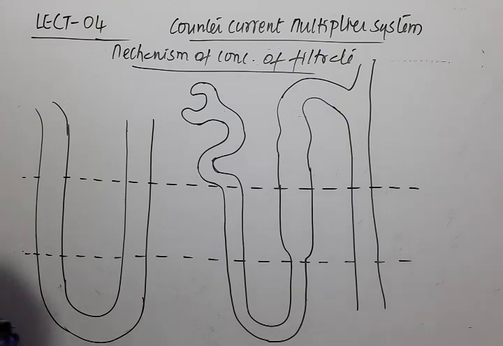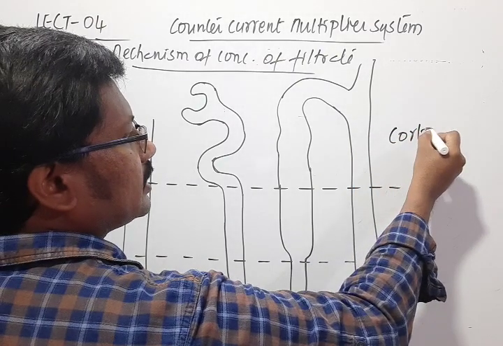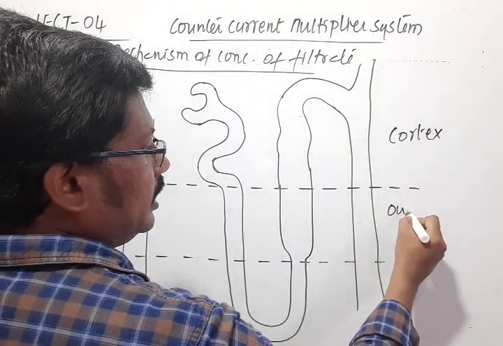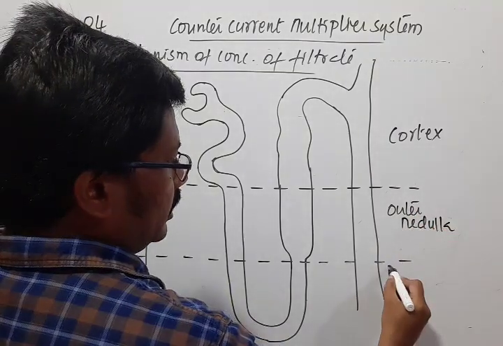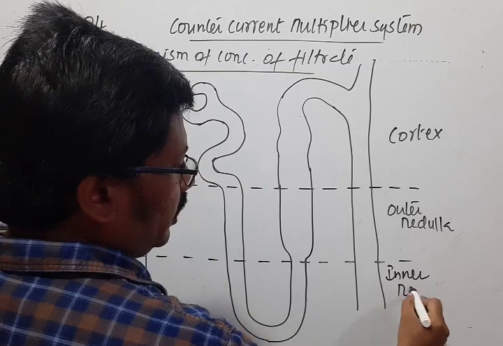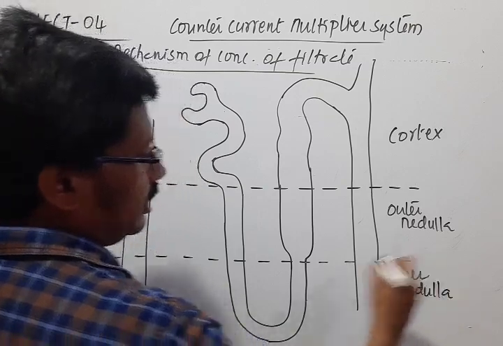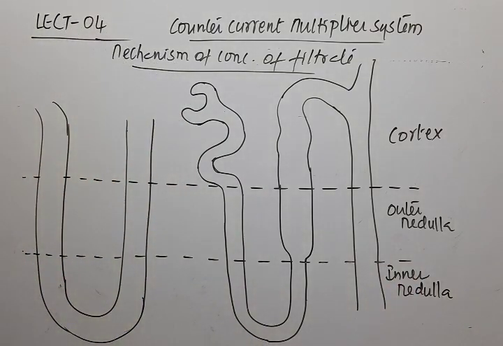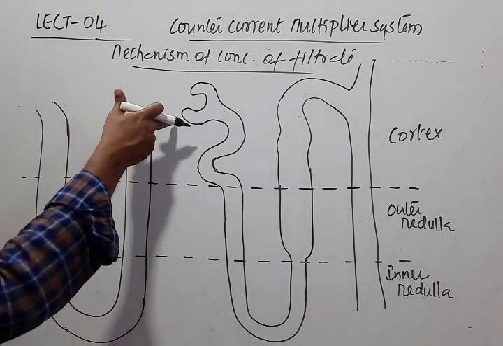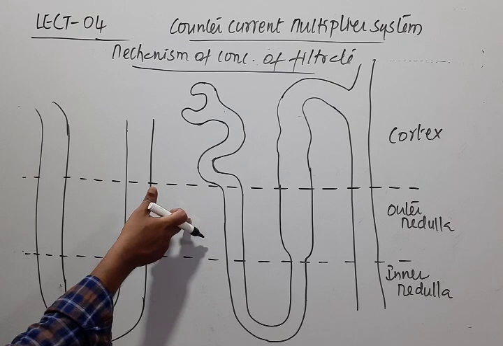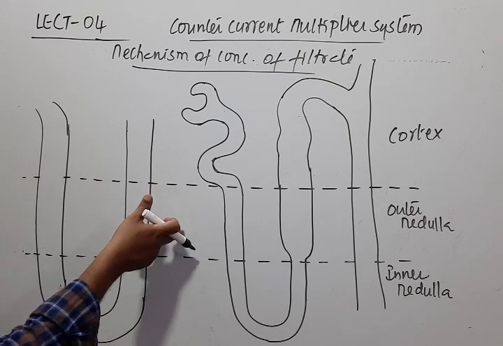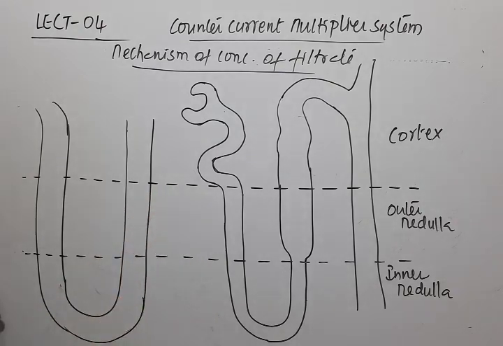Okay, so here you see this is the cortex region, this is the outer medulla region, and this will be the inner medulla region, right? And I told you that from the cortex towards the inner medulla, the concentration of interstitial fluid will be increasing.